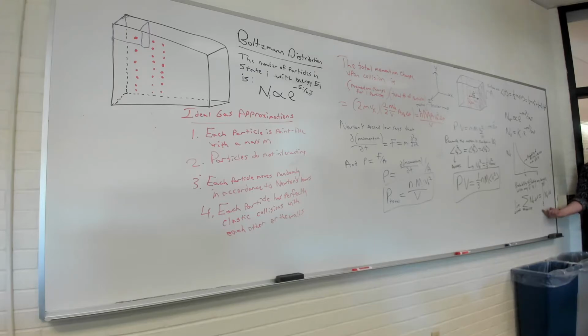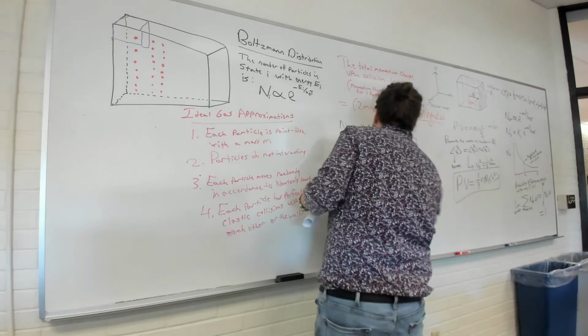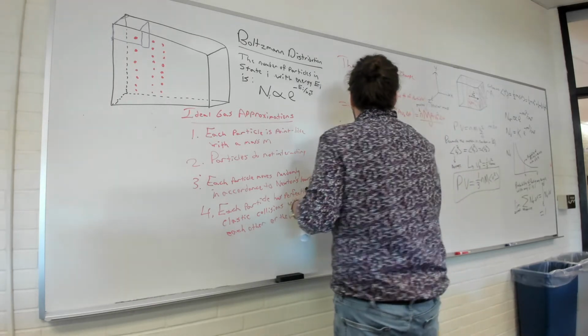So what that means is that the integral, we know this to be 1. We know that the integral of this equation across 0 to infinity, the probability of finding a particle at any velocity, has to be 1. So we're just about to get a formula.